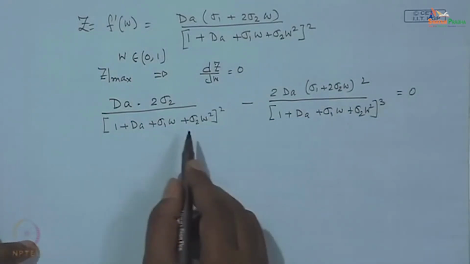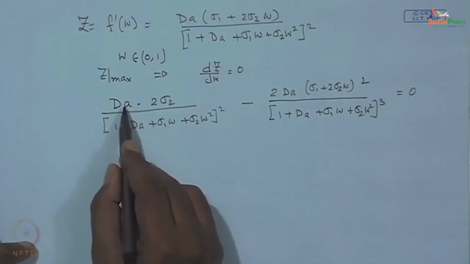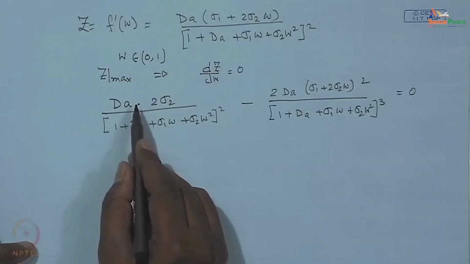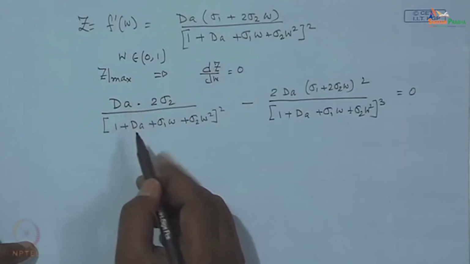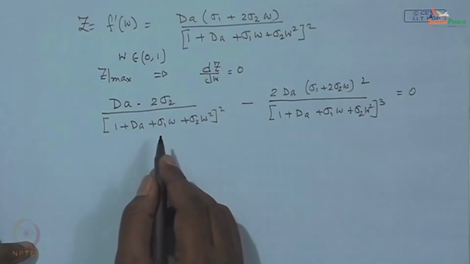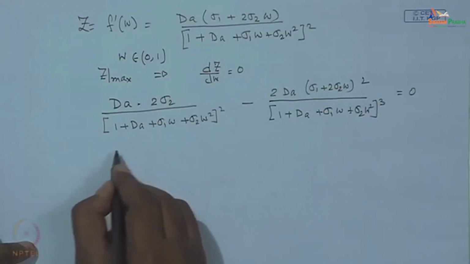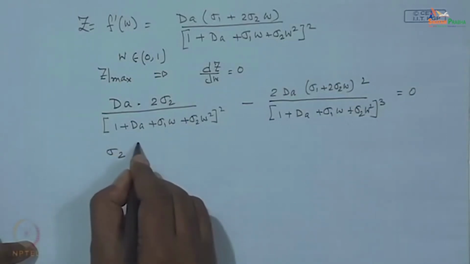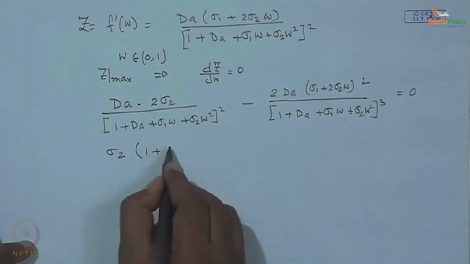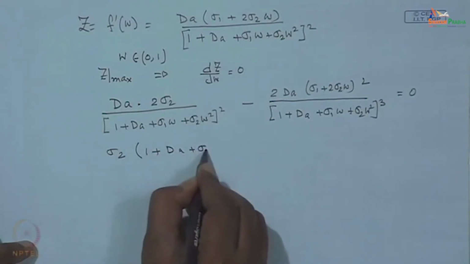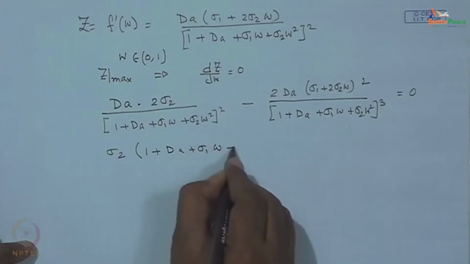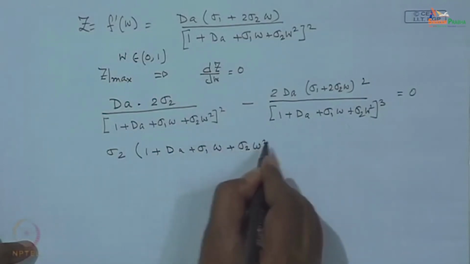Now, if one can simplify this whole thing, 2 dA will simply be cancelled out, it will be gone. So, you will be getting sigma 2 multiplied by 1 plus dA plus sigma 1 w plus sigma 2 w square.